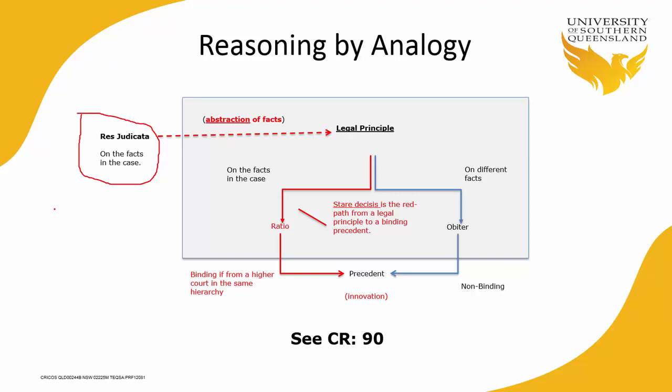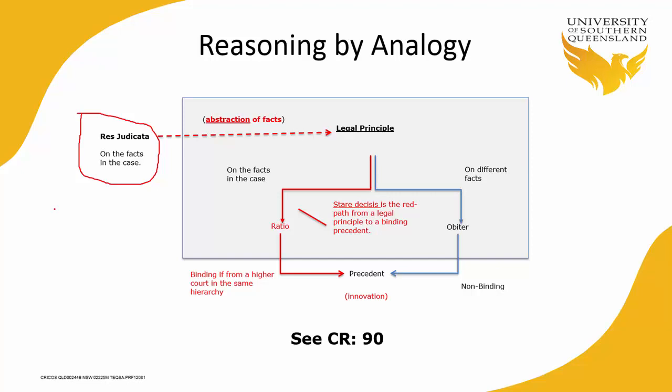On the right-hand side, the blue path takes you from the legal principle to a precedent, but this type of precedent is non-binding. So you can still cite it as a form of persuasion to persuade the judge to adopt your point of view or your argument, but they are not bound by that argument or by that precedent.